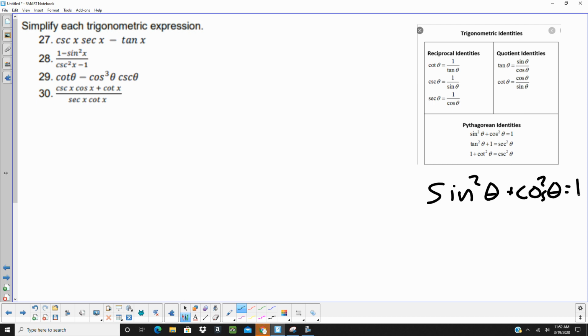Well, it's really close to 1 minus sine squared theta. If I just subtracted sine squared theta from both sides, cosine squared theta is 1 minus sine squared theta. So I'm not going to write the original problem down this time. I'm going to start with cosine squared. That's my numerator.